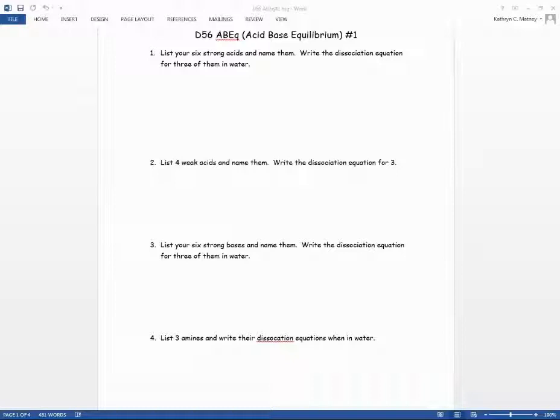Yes, he ends up an intermediate. You're not wrong, Matt, we just haven't gone there yet. So you're going to put them together and you're going to get H2CO3 plus 2H2O yields CO3 minus 2 and 2 hydroniums.